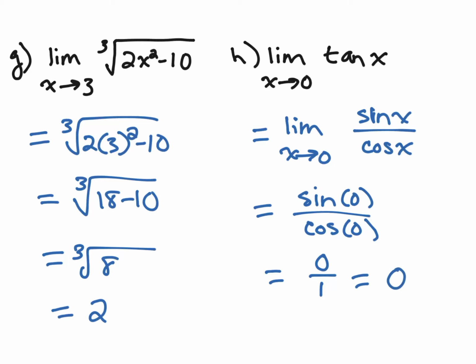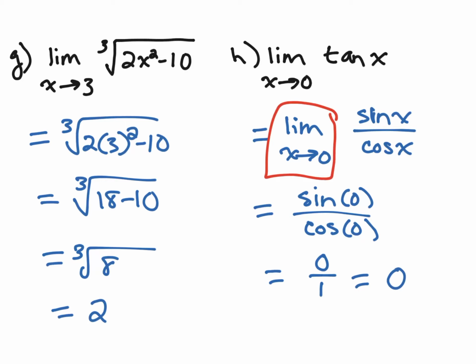Okay, now this is the first time I wrote down limit as x approaches 0 in a problem. Sometimes you're manipulating the problem and you haven't done a direct substitution yet. If that's the case, you keep the limit notation until you've done the direct substitution.